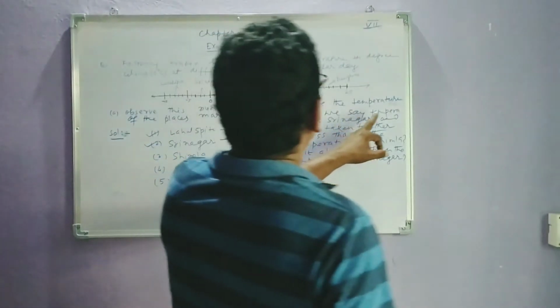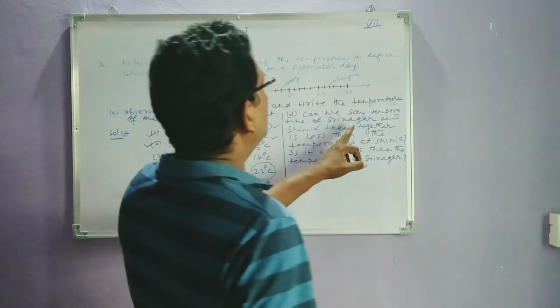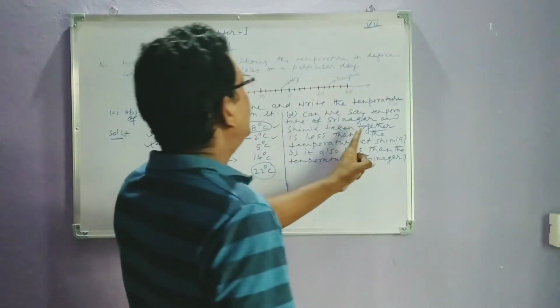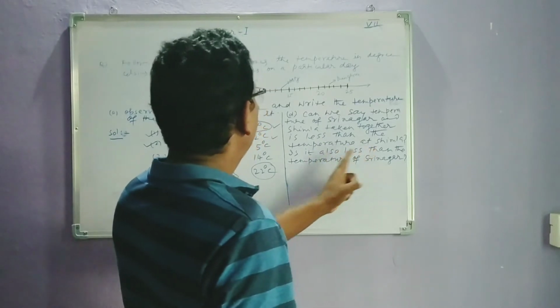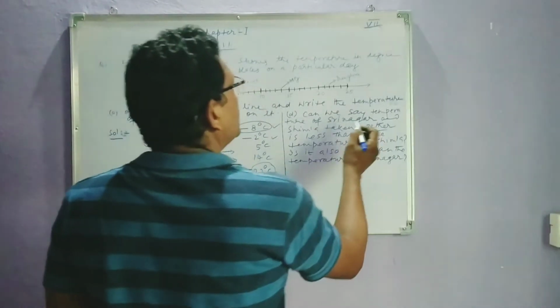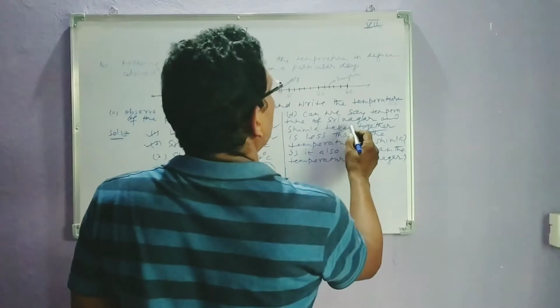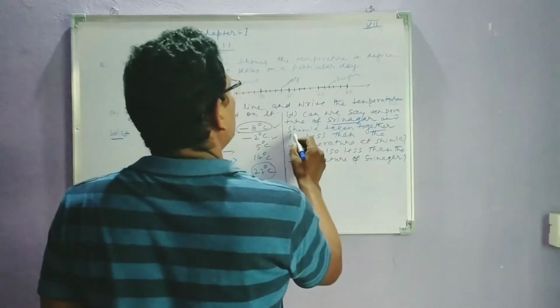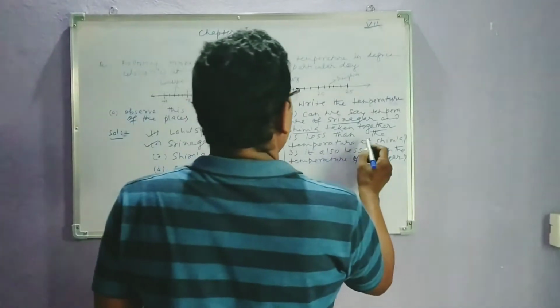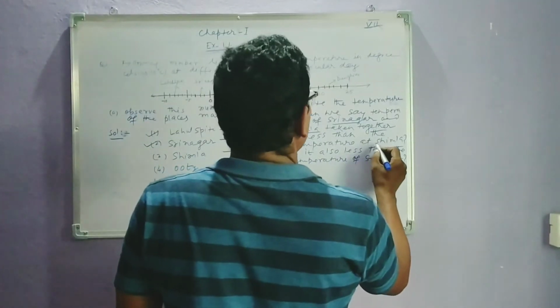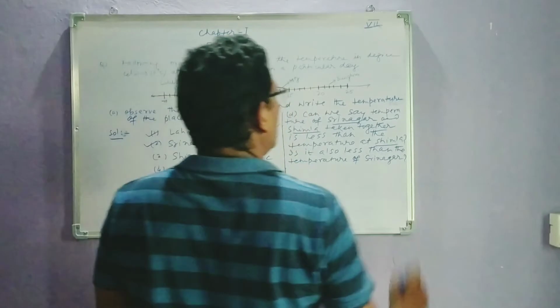Can we say temperature of Srinagar and Shimla taken together is less than the temperature at Shimla? ठीक है? कहता है कि क्या श्रीनगर और शिमला का टेम्परेचर इकट्ठा लिया जाए तो क्या यह शिमला के टेम्परेचर से कम होगा?